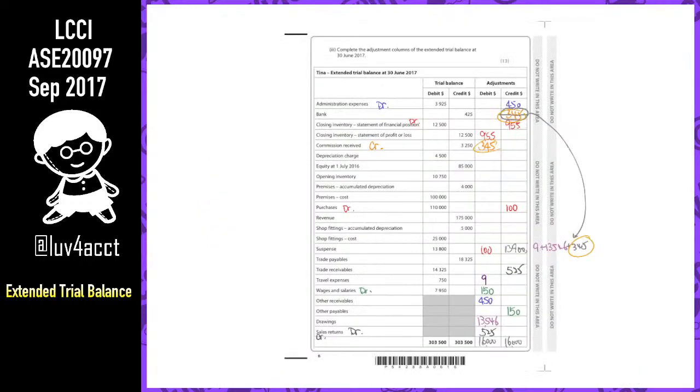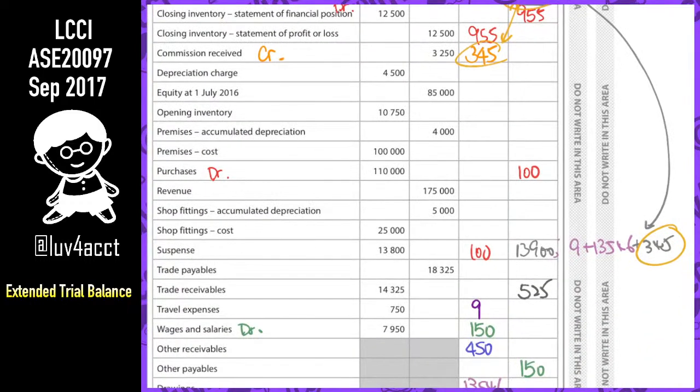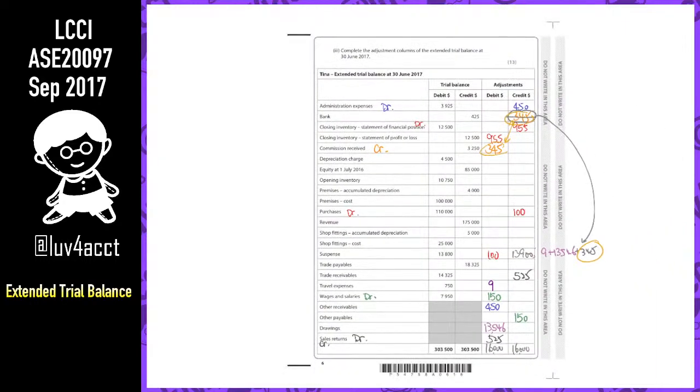So normally we will take the amount from the bank and from commission received as well. But anyway, if it cannot balance, and the balance gives you 345, that means the mark scheme will have 345 in the suspense account. That is, the amount of 345 is only recorded twice in the commission received account. That is bad, but we have to follow. We have no way, unless you want to lose some marks.